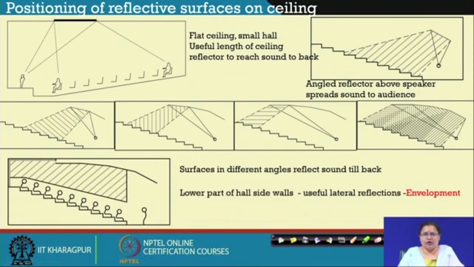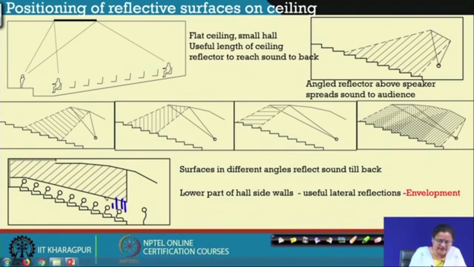So, once you have got the entire floor being supported with sound, you need to put absorbing surfaces at the rest of the ceiling, the back of the audience. The lateral reflections do take place from these side walls.